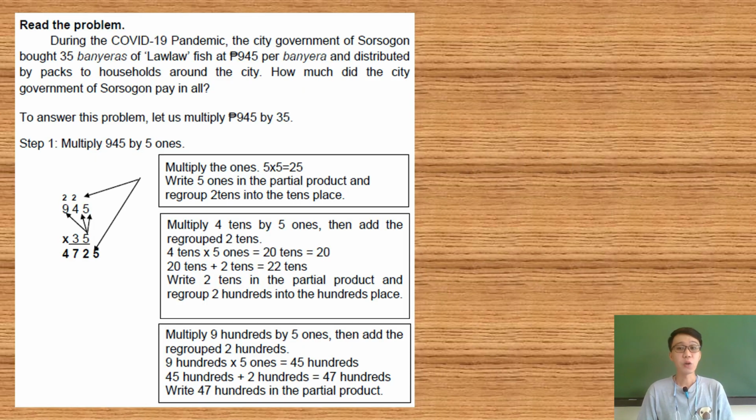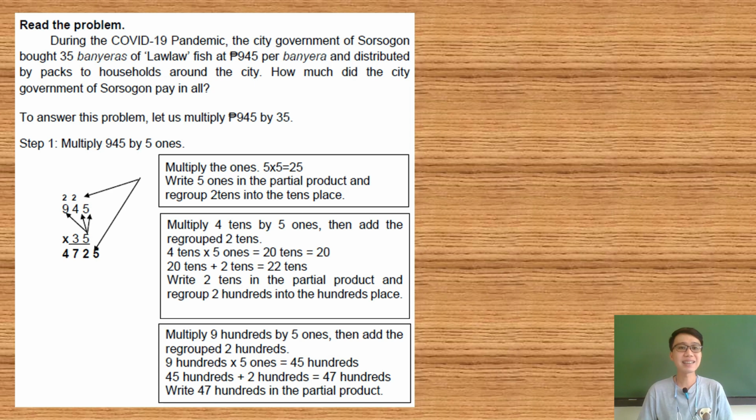A while ago, we solved and multiplied numbers without regrouping. How about if regrouping is needed? Let me show you an example. But before that, let's read the word problem. During the COVID-19 pandemic, the city government of Sorsogon bought 35 banyeras of Lao fish at 945 pesos per banyera and distributed them by packs to households around the city.